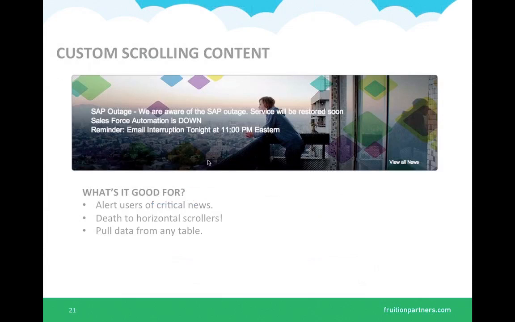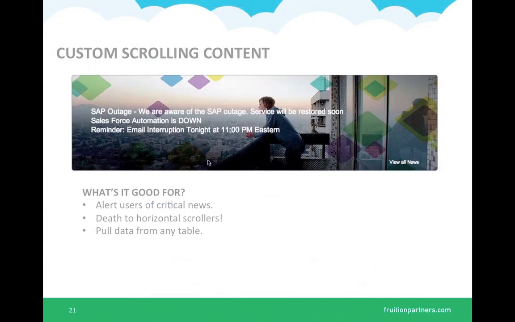What we're doing now, custom scrolling content. What's this good for? You can alert the users of critical news. Sometimes you have people who will ask for horizontal scrollers. Those things, I think they're terrible. They take so long to read. Don't ever consider those.